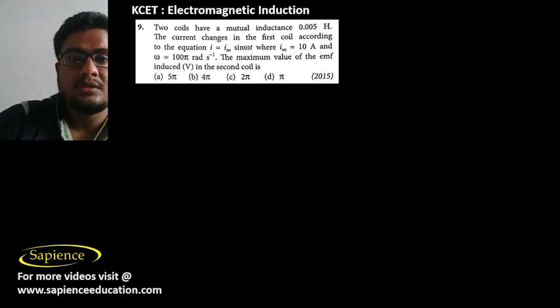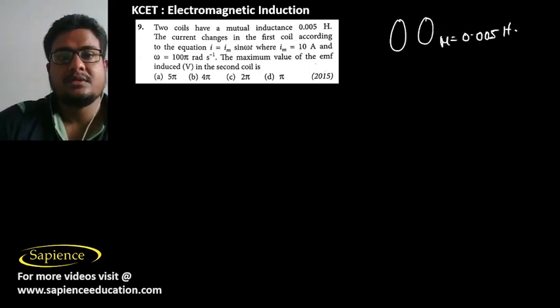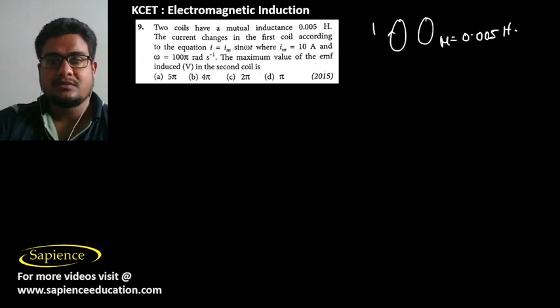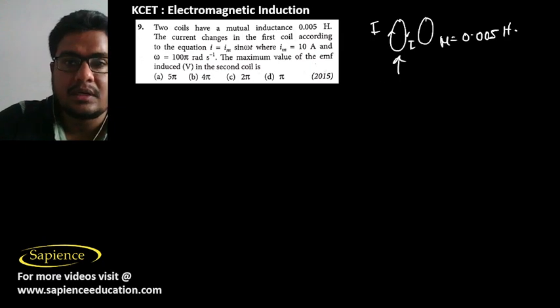Here two coils are having a mutual inductance of 0.005 henry. The current changes in the first coil according to the equation I = Im sin omega t.